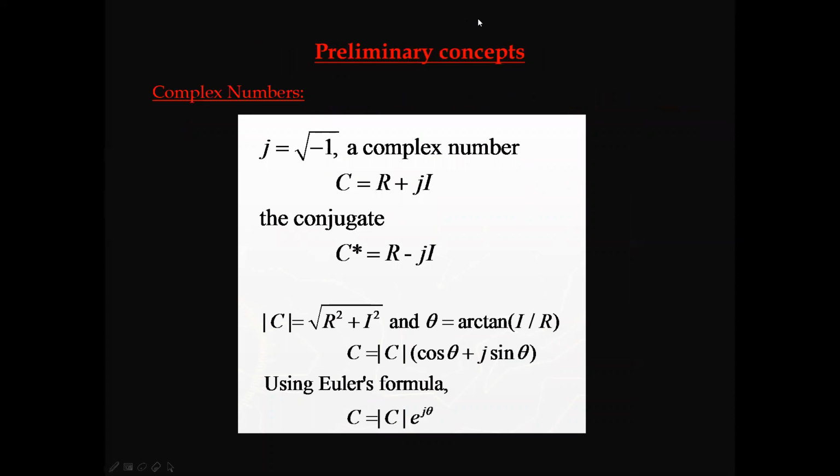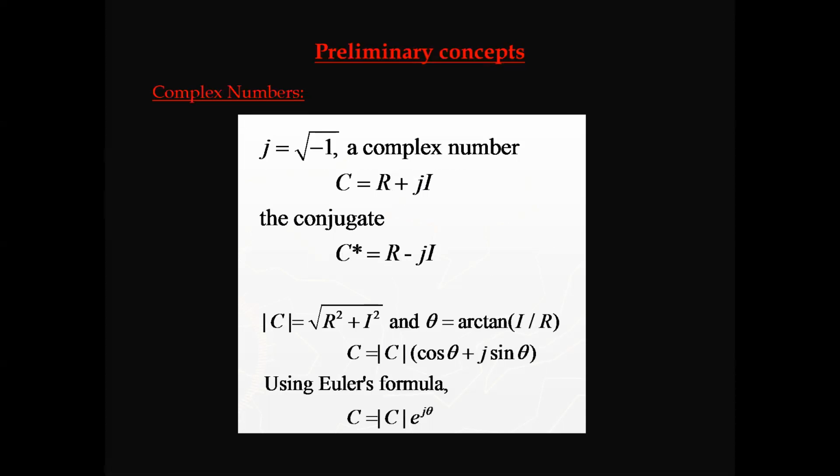Some other preliminary concepts are required for performing the filtering. For example, the complex number: j is the imaginary unit, with value equal to square root of -1, and a complex number can be defined as C equal to R plus jI, where R is the real part and I is the imaginary part. The conjugate is C star, which is equal to R minus jI, and the magnitude of C is the square root of R square plus I square, with theta equal to arctan of I by R, and C equal to magnitude of C times cos theta plus j sin theta.